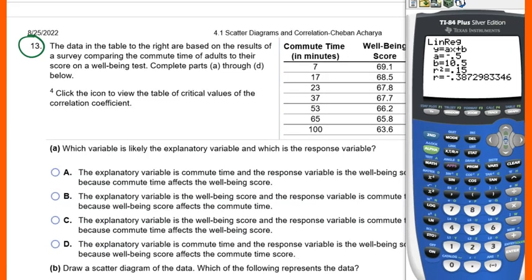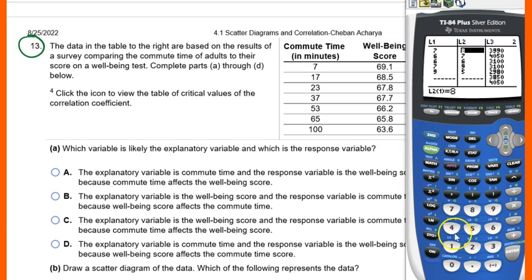As you know, you have to start with stat and number 1. And since I have data in L1 and L2, I prefer to put it in L1 and L2. Let's clear L1, L2 data. Go back and select L1. Clear L1 data. It's gone.